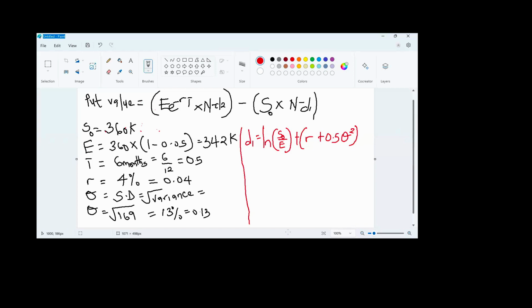Close your bracket, times T, all over volatility times square root of T. Please, do not get carried away by the noise of the formula. What is important is application.